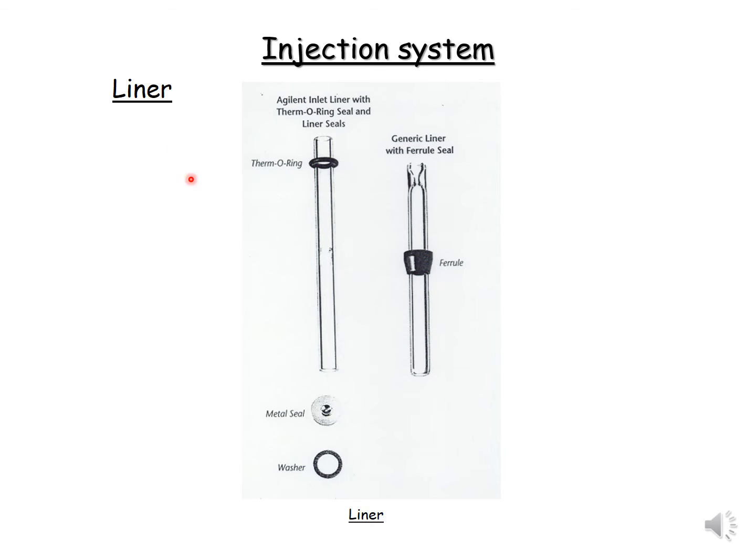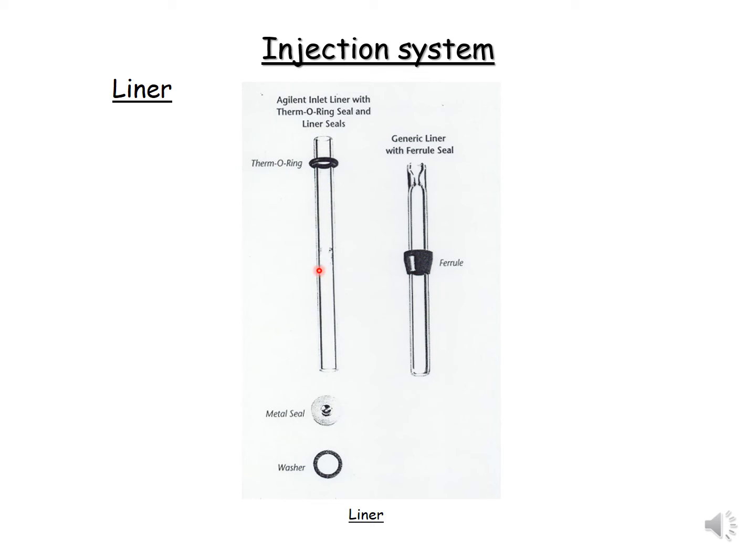I will just focus on the liner with some slides about this part of the injector, because it is very important. The liner represents the inlet, the glass liner here. You have two different glass liners with different ferrules or O-rings, which allow sealing of the system, because you need, of course, a sealed system if you work with gas, to avoid any leakage.